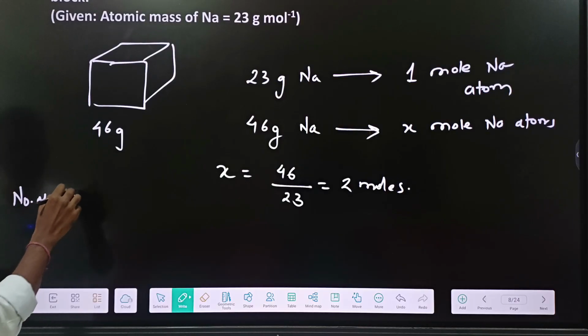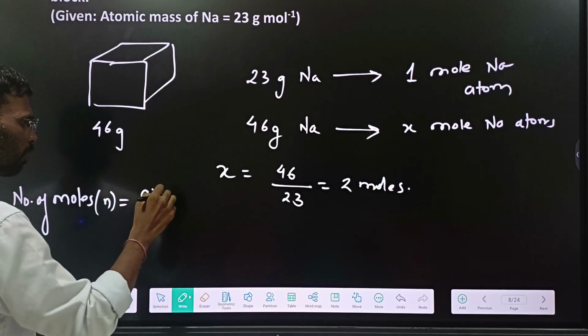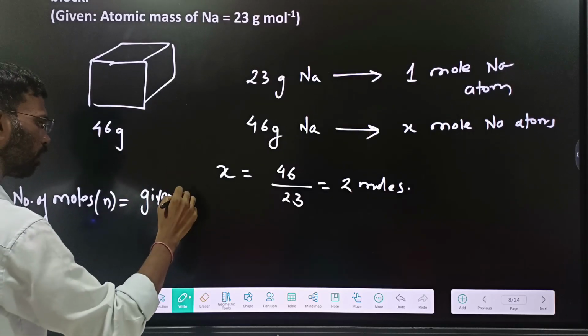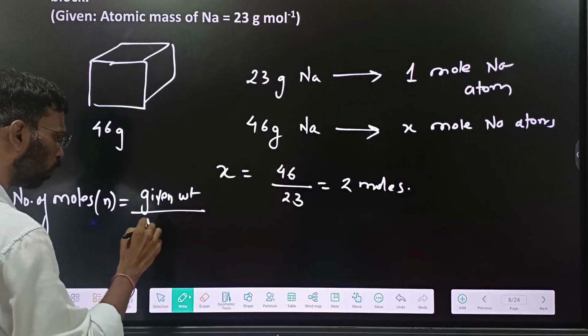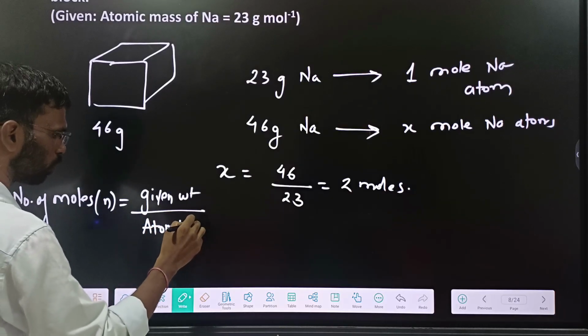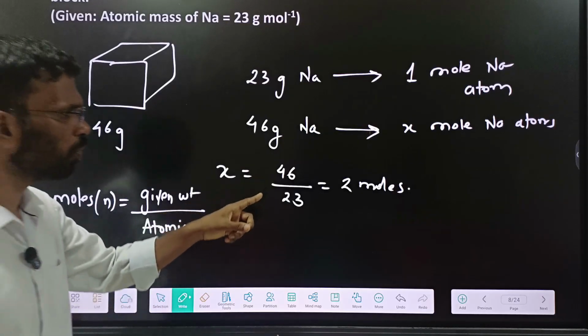Number of moles, N, is given weight upon atomic mass or molecular mass, or we can say molar mass also. Right? Are we not coming to the same formula?